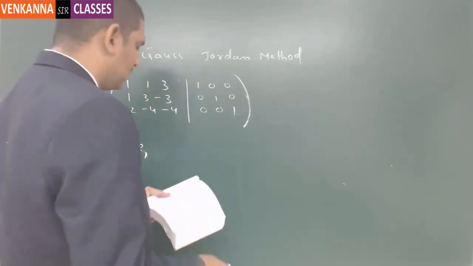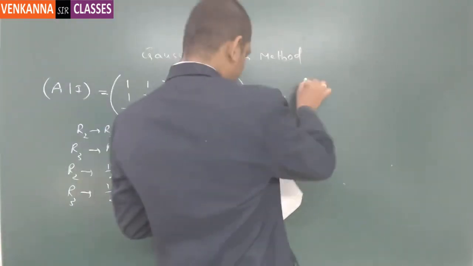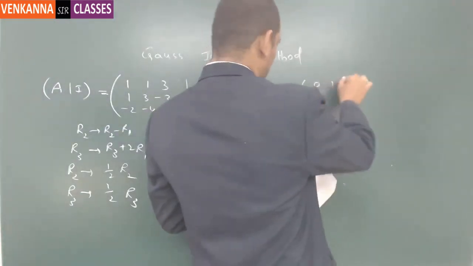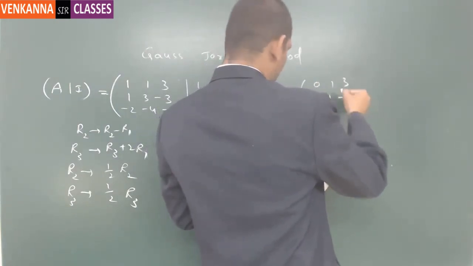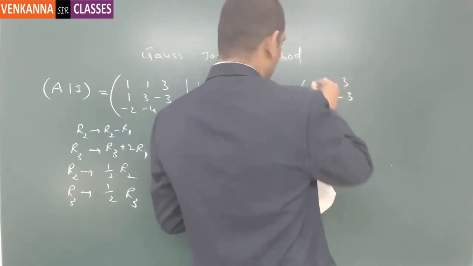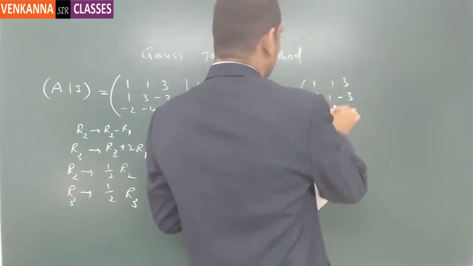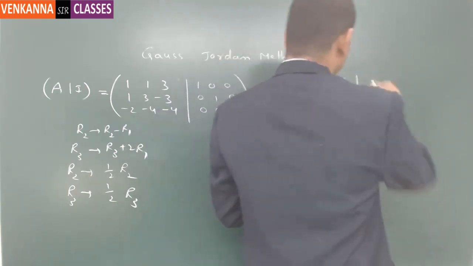So then you will get the matrix in the form as 0, 1, 3, 0, 1, minus 3, 0, minus 1, 1.